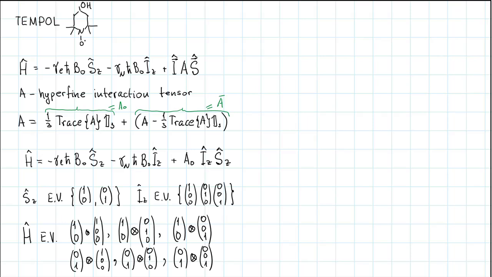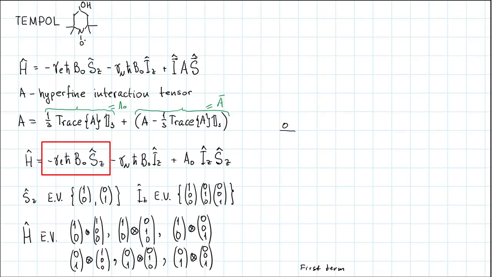Okay, let's assign zero energy to this point on the diagram. Now the question is which energy will originate from the first Hamiltonian term when it acts on these three spin states with the electron spin oriented down.